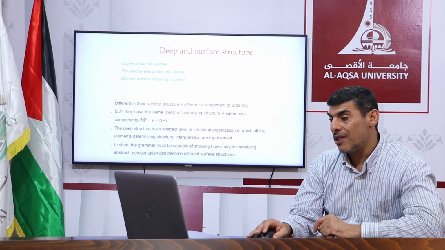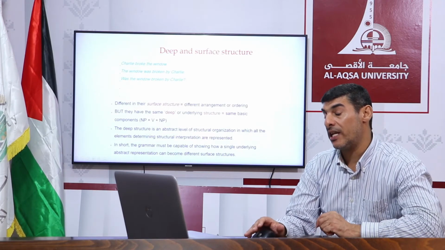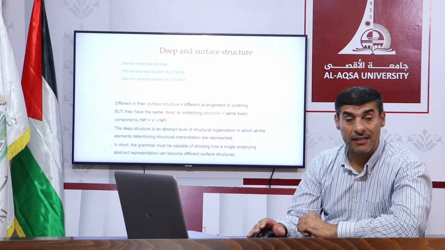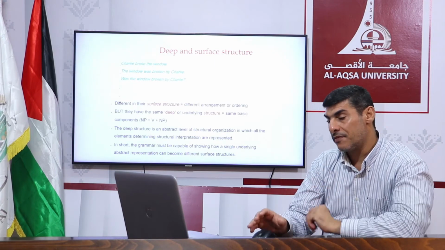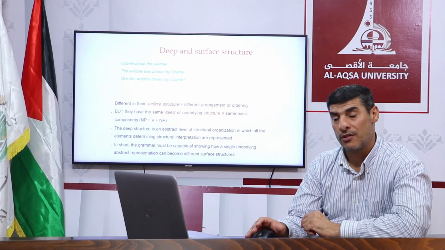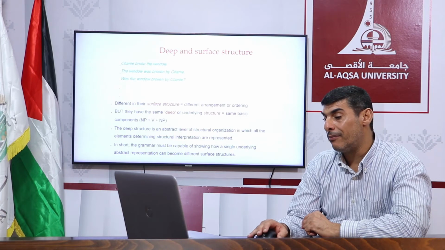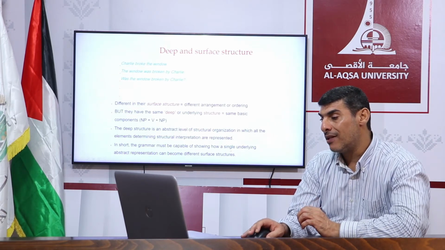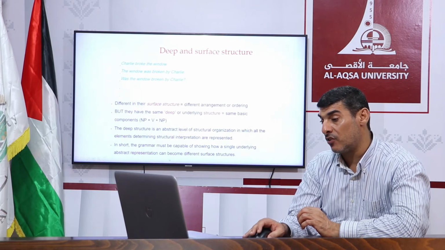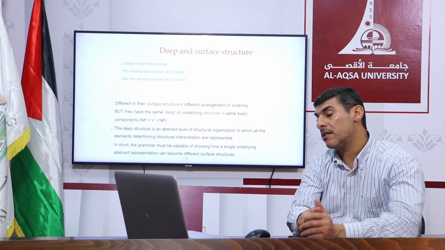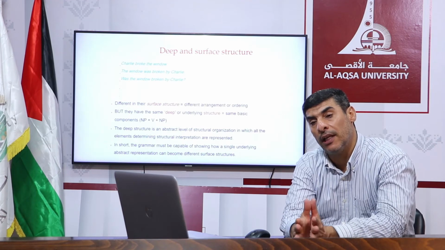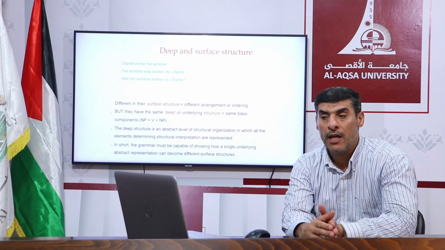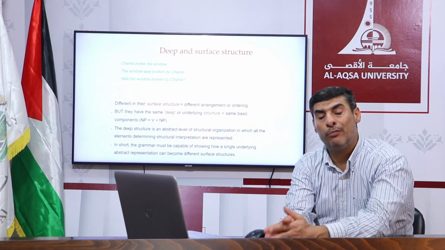The deep structure is an abstract level of structural organization. You don't need to bother yourself understanding these things. Just have some surface information regardless of their meaning. In short, the grammar must be capable of showing how a single underlying abstract representation can become different surface structures. So once again, I would say I bought a new table. A new table was bought.